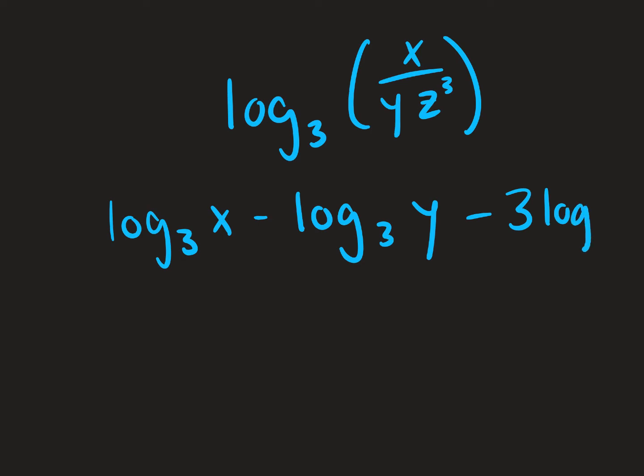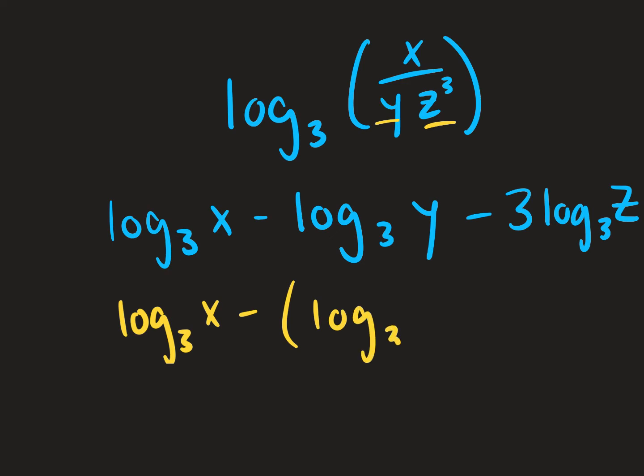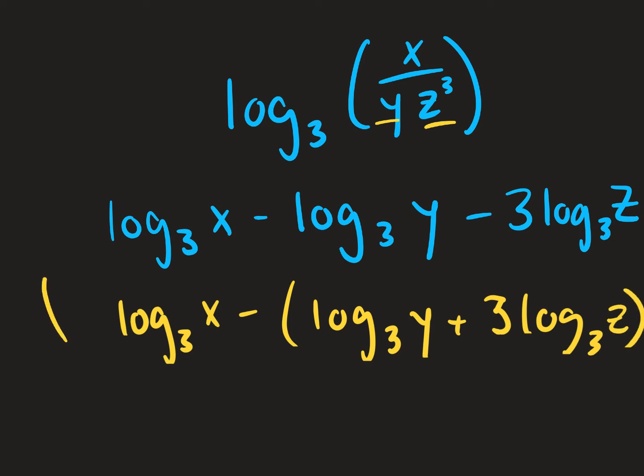Perfect. Minus 3 log base 3 of z. So both things on the bottom get a minus sign. Another way to write this would be log base 3 of x minus log base 3 of y plus 3 log base 3 of z, which is the same thing. Either one of these would be fine. They're the same.